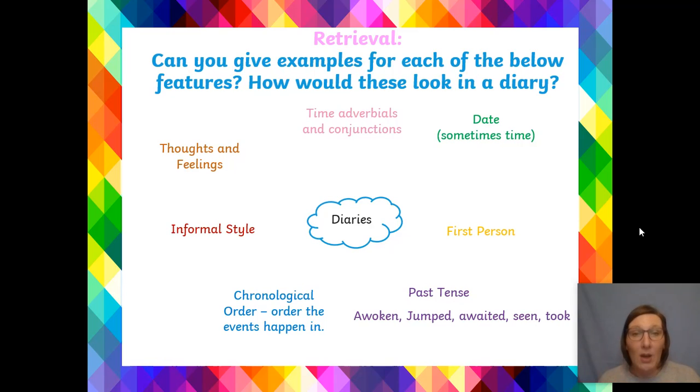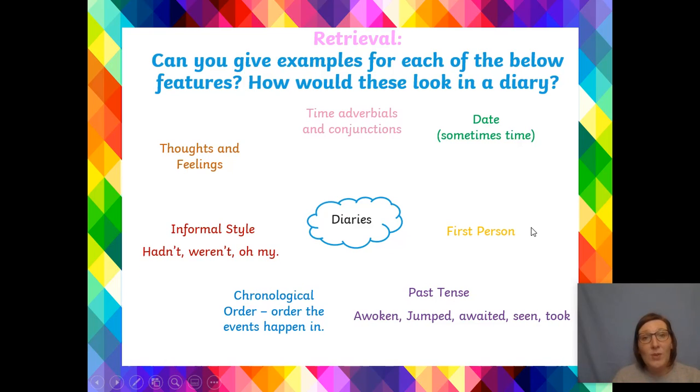She took my coat. I awaited the postman and he arrived at 10 o'clock. I have seen all the treasure that was buried in the sand. Okay, so those are examples of past tense. Our next one, okay, is informal style. Remember, you're writing a diary and it's for you.